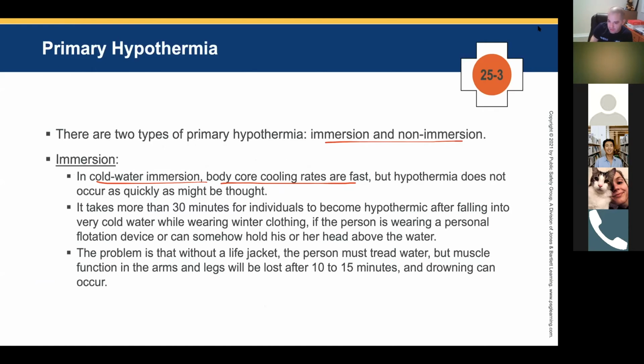It can take 30 minutes for individuals to become hypothermic after falling into very cold water while wearing winter clothing, if the person is wearing a personal flotation device or can somehow hold his head above water. The problem is that without a life jacket, the person must tread water, but muscle function in the arms and legs can be lost after 10 to 15 minutes, and drowning can occur.